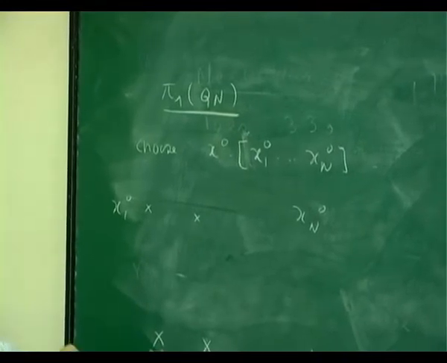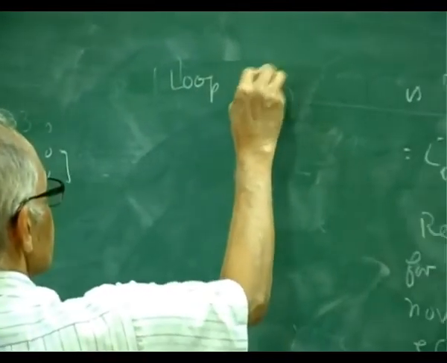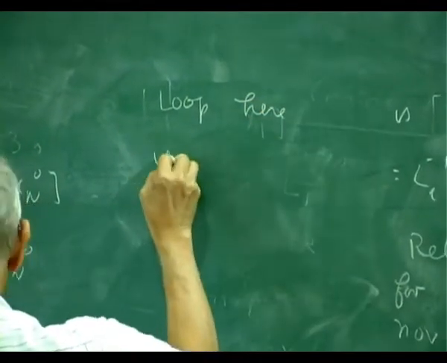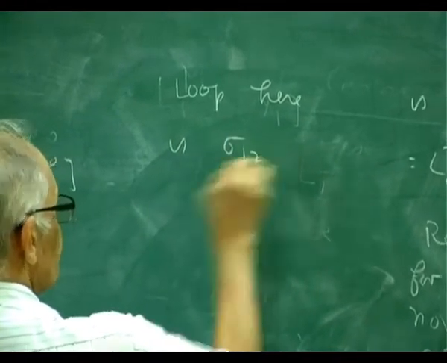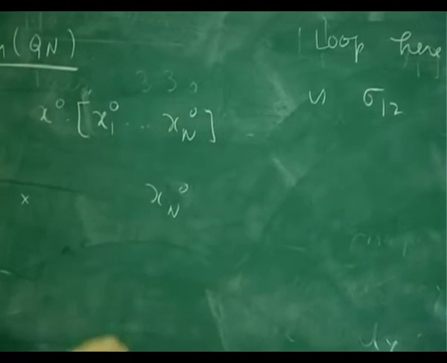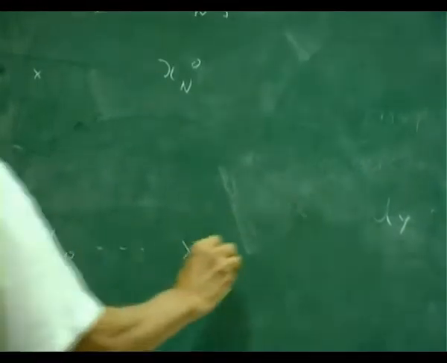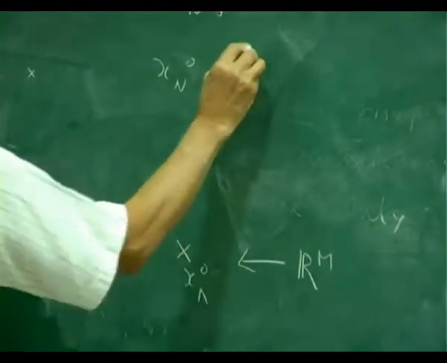Now, I will write a loop here, let me call it sigma 1 2. What is a loop? This is my Rm, these are living in Rm, and this is, if you like, time or the homotopy parameter, the curve parameter.